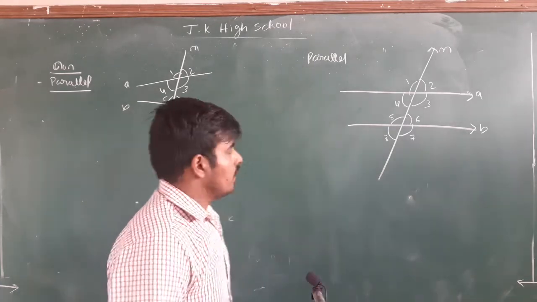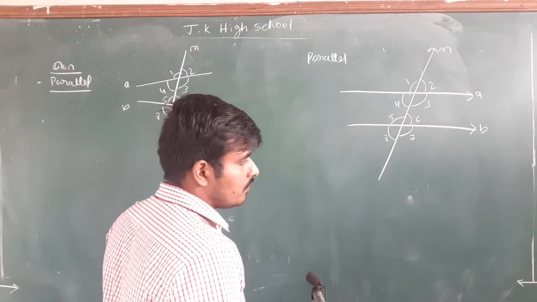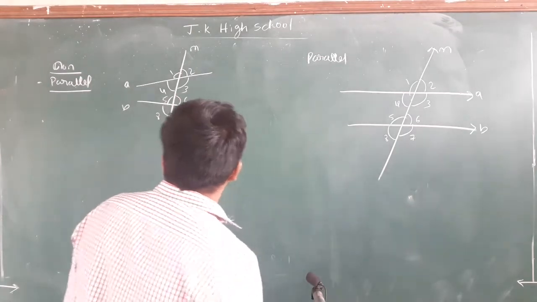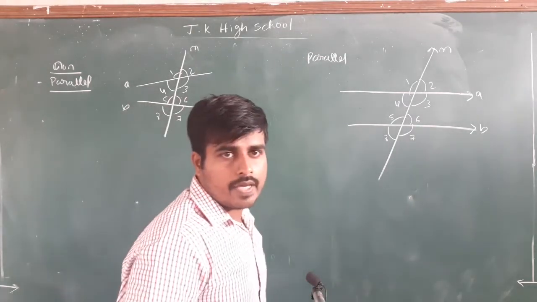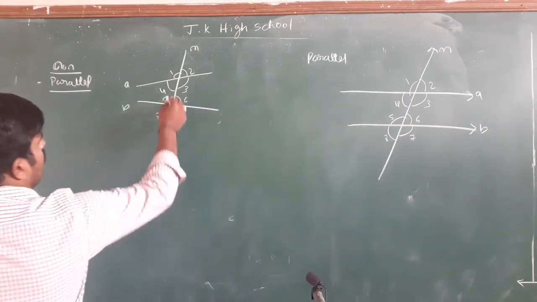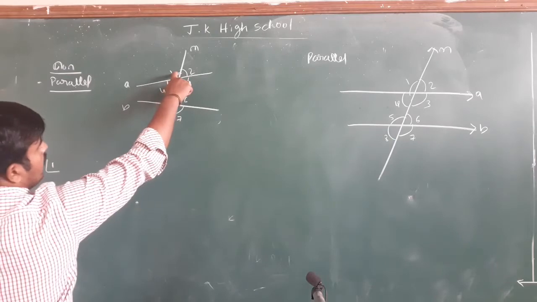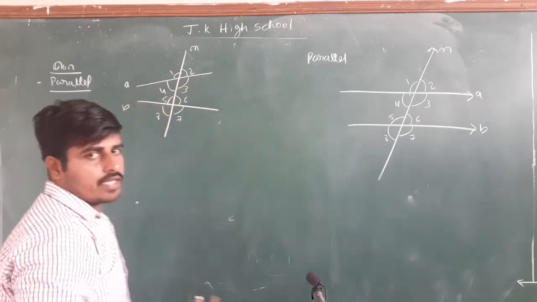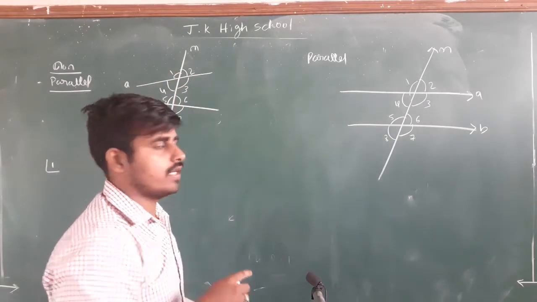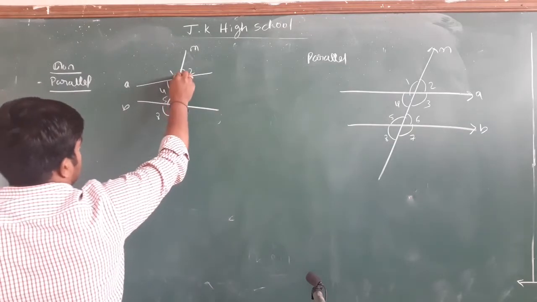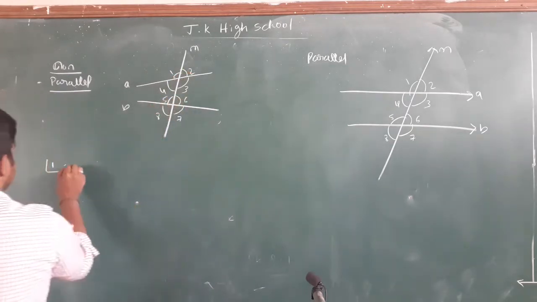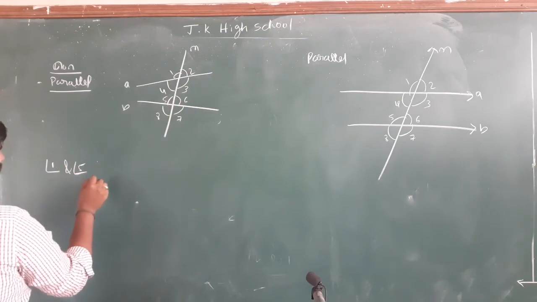Let me write the pair of alternate angles. First I will write corresponding angles. Angle 1 is corresponding with 5, so 1 and 5.